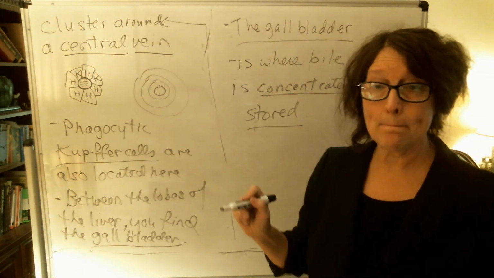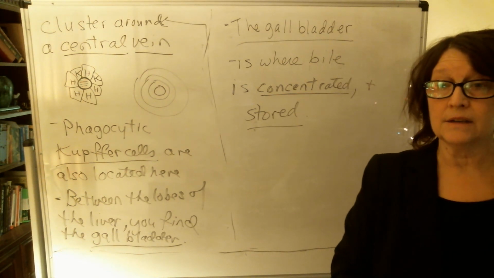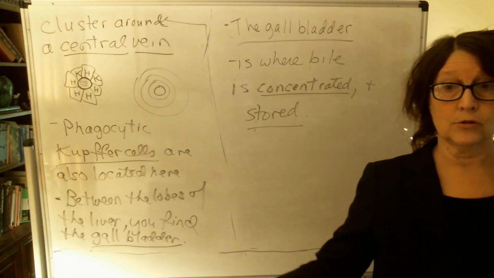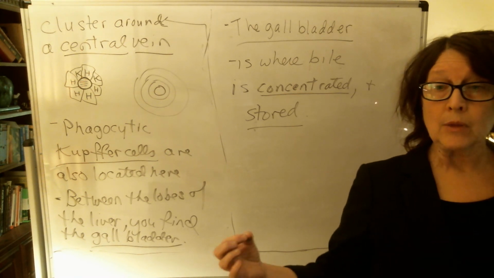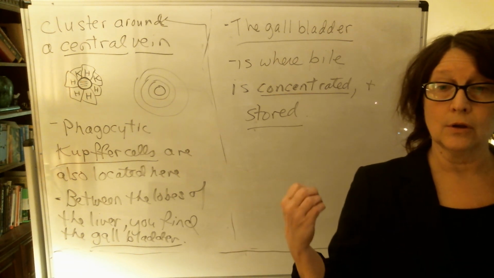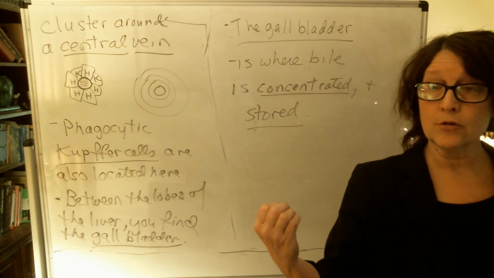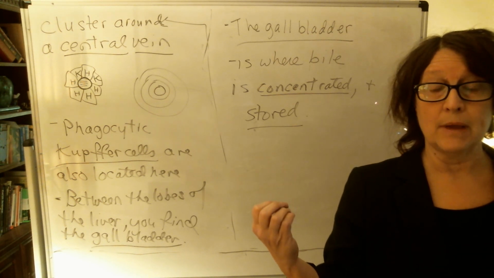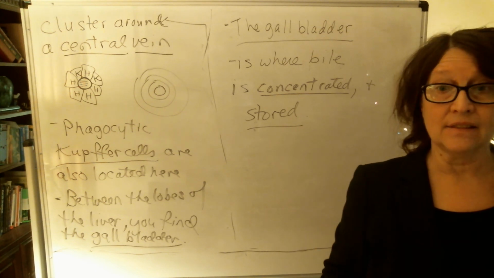So the liver makes the bile, and some of that bile from the liver winds up going directly into the bloodstream. But then some of that bile winds up going into the gallbladder, where it is concentrated and then it is stored, and it will go into the bloodstream at a later time. And that's it for the liver.